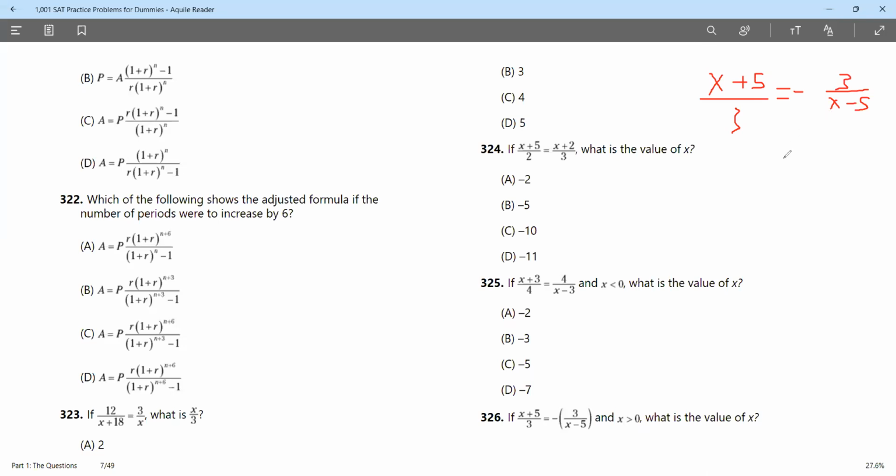So all I have to do is make a cross multiplication. I will multiply 3 by negative 3, so it will be negative 9. And x minus 5 will be multiplied by x plus 5.